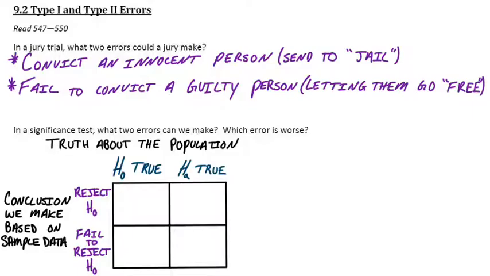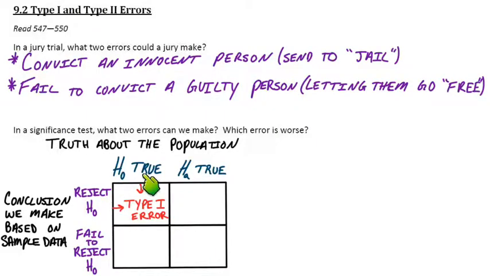All right, so again, the columns here, that is the truth about the reality, whatever the population, whether the null's true or the alternative's true, right? And then here's the decisions we're faced with. We can make either one of these decisions. So let's go to the first cell here, where the null is actually true, and we decided to reject it. Well, right away that sounds wrong, right? That is an error. In fact, that's a type 1 error.